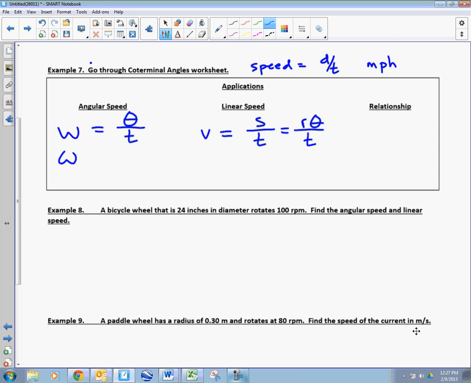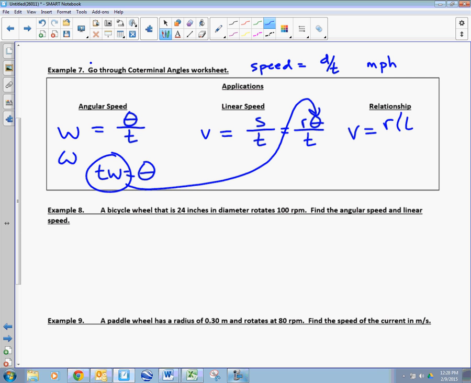Now, can I do some magic here to give you an easier formula? T times W is equal to theta, right? So now if I take this and put it in for theta, what I get is velocity equals r times, instead of theta, what do I have?